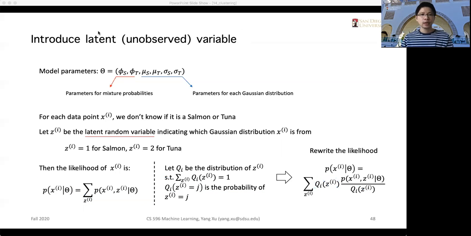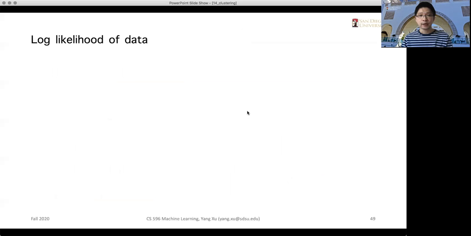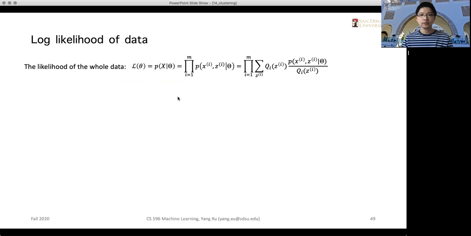I think the remaining slides here are okay. So this slide is something we still need to talk about. The likelihood of the whole data set becomes this. We put the likelihoods into the product of this summation.